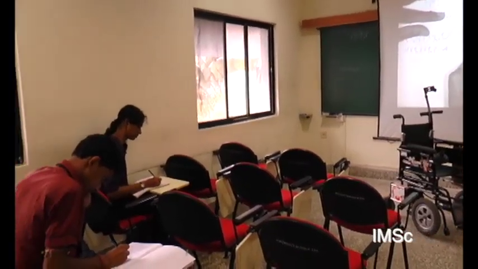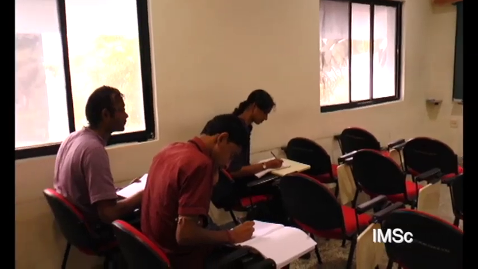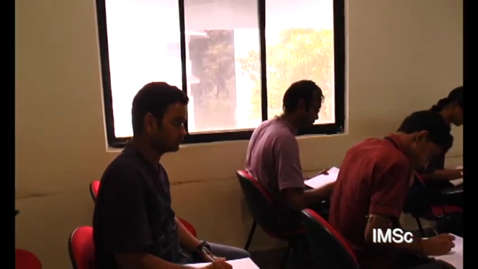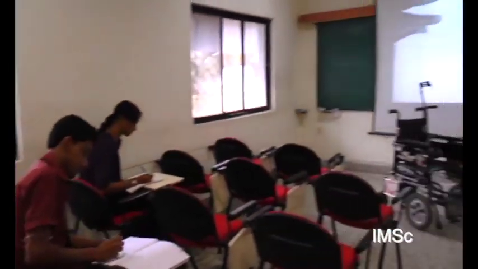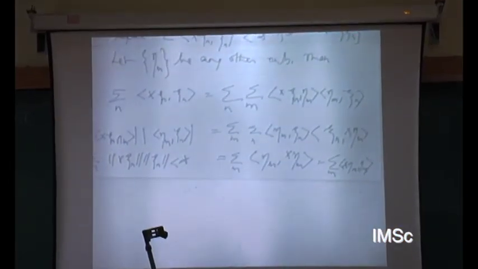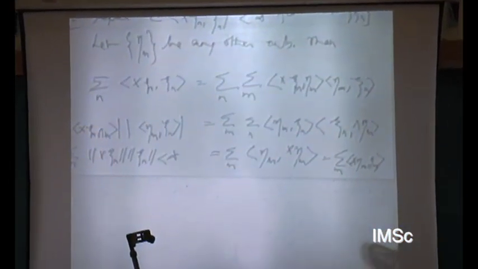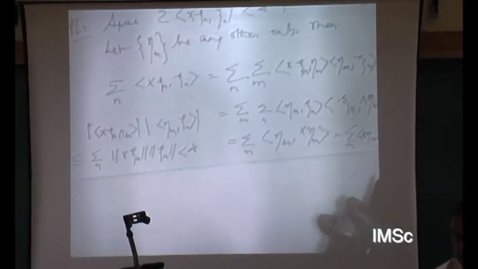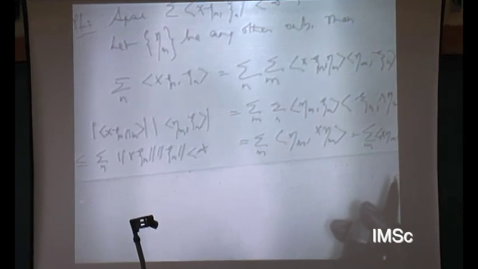This gives me sum over m, eta m, x eta m. And that is the same as sum over m. X is self-adjoint, I can bring it back over to the same. So if the sum is finite in one basis, it is finite in every basis and the sum is the same.